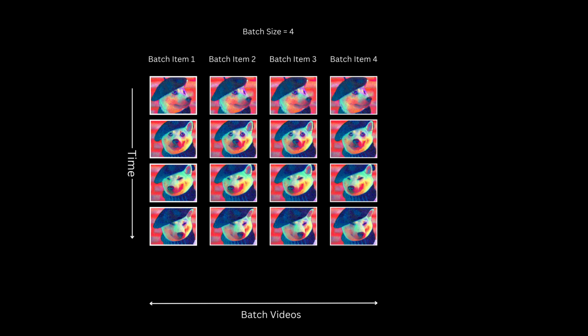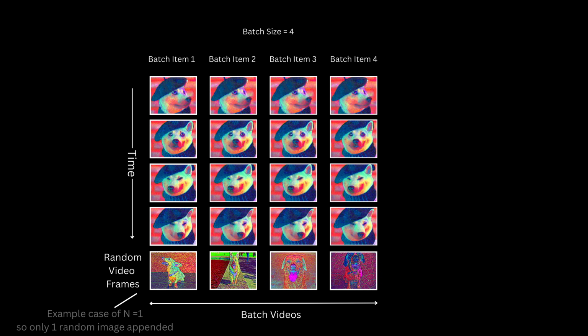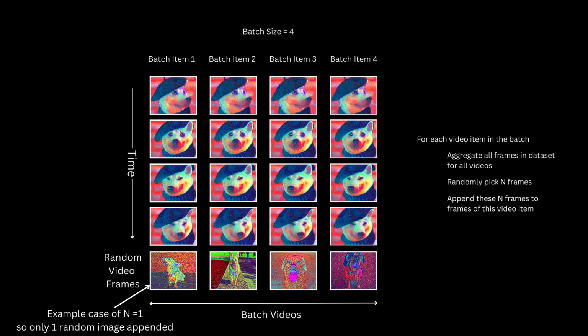In joint video image training, for each item in the batch, that is to each video's frames, we append randomly sampled video frames from our dataset. So basically aggregate all frames of all videos and then randomly select n frames for each batch item. Here in the example, n equals 1, so only one random frame is appended. But during training, the authors use n equals 8.